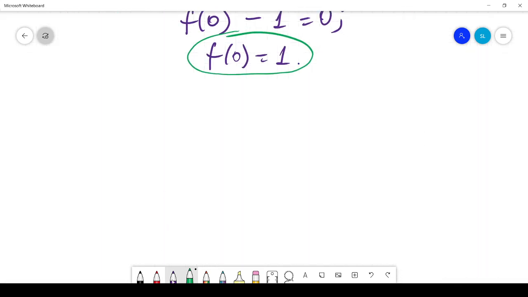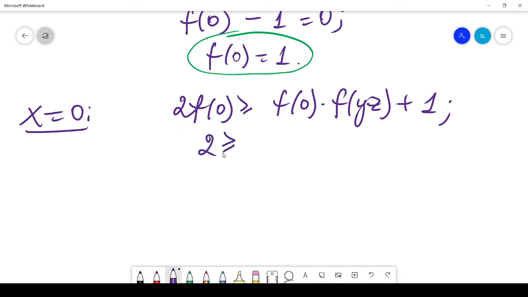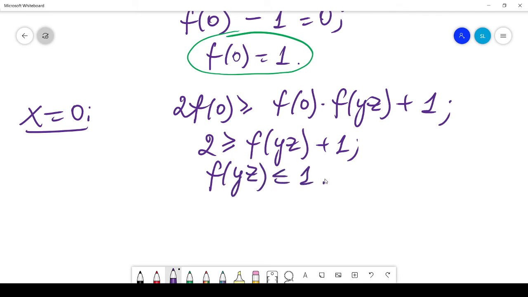But let's notice that when we plugged in only x equals 0, we had 2f of 0 is bigger or equal to f of 0 times f of yz plus 1. That is a nice inequality. Let's plug in f of 0 equals 1, and we have 2 is bigger than or equal to f of yz plus 1, or f of yz is less than or equal to 1.